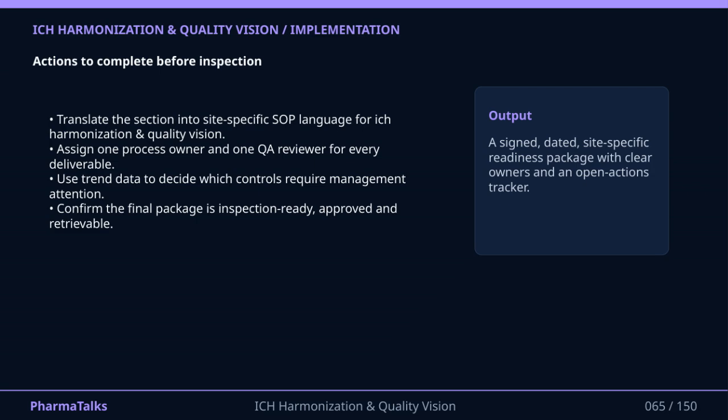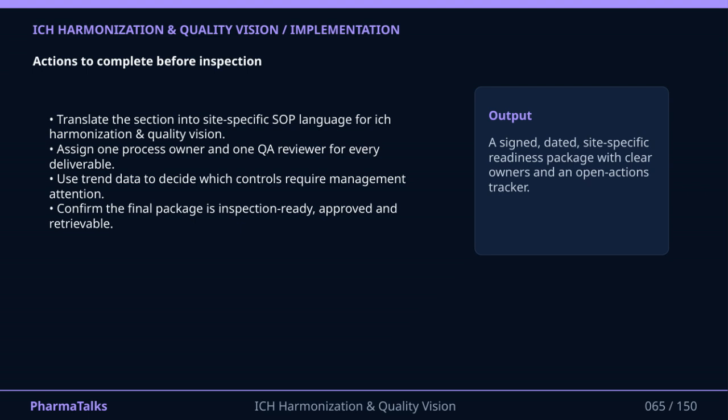Next, we assign one process owner and one QA reviewer for every deliverable, ensuring accountability and thorough quality checks. We also rely on trend data to identify which controls require management's attention, allowing us to focus our efforts where they matter most. Finally, we confirm that the final package is inspection-ready, fully approved, and easily retrievable.